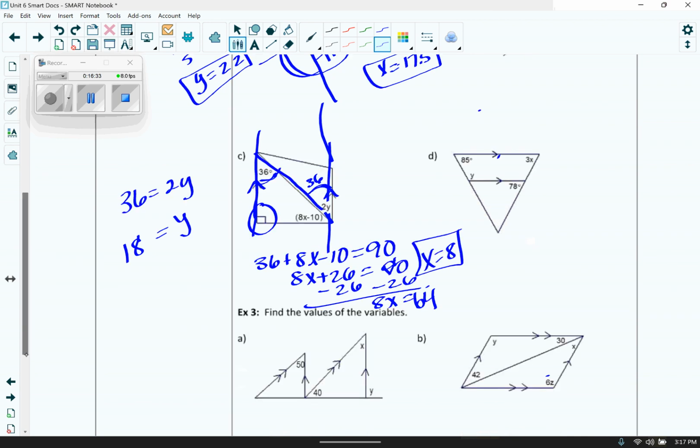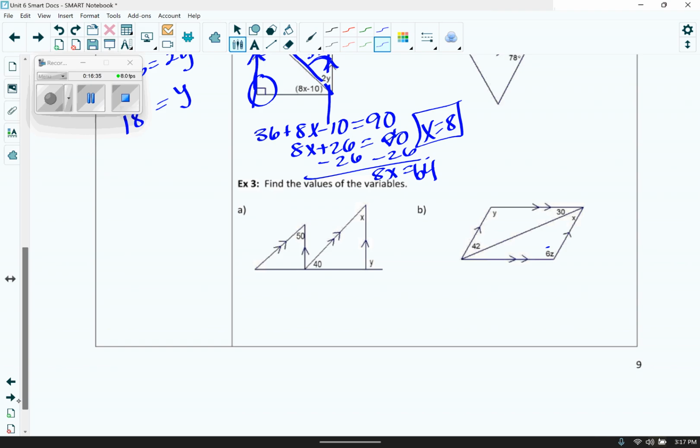All right, then we have this guy down here. A couple of different things I have. These guys are parallel, cut by a transversal. So I know if this is 50, this is 50. So together we know this is 90.